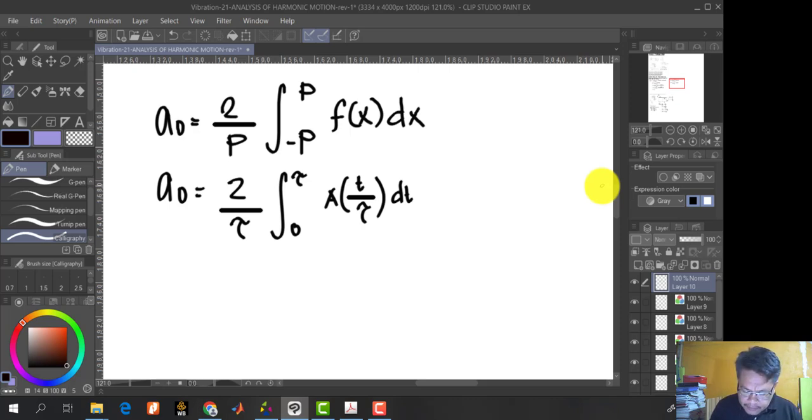Now, our constants here are a, the amplitude, which is constant, and also the period is constant. So going back to your integral, we can remove them from the integration since the values of a and the period are constant.